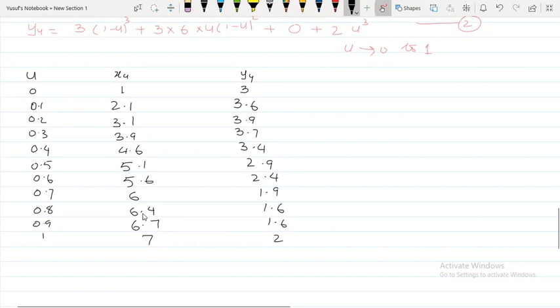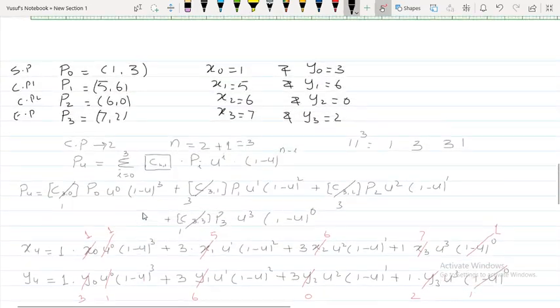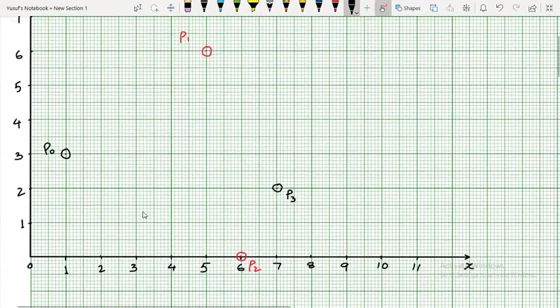These are the points, and you can plot these points on the graph paper. So here I can plot the points. P0 and P3 are already plotted, and the in-between points are supposed to be plotted. So 2.1 and 3.6, it will be here.